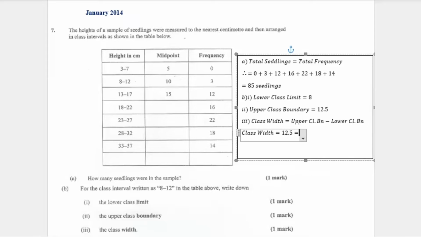And as I said, the lower class boundary will be 0.5 lower than the lower class limit. Our lower class limit is 8, so our lower class boundary would be 7.5. Therefore, we can now go ahead and calculate our class width. So the class width is equal to 5. And that is our answer.